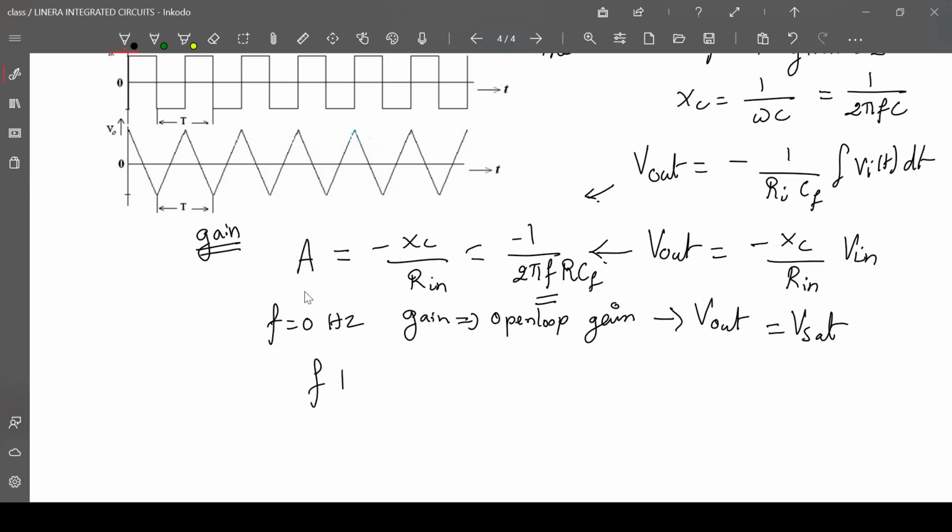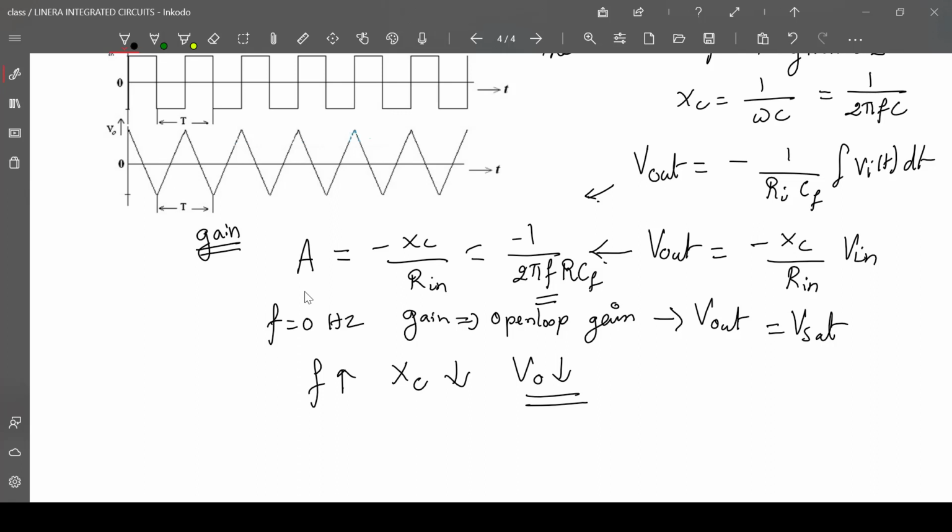As the frequency increases in the integrator, the reactance value of the capacitor will reduce. As the reactance value of the capacitor reduces, the output voltage will be reduced, so that we won't get the saturated output voltage.